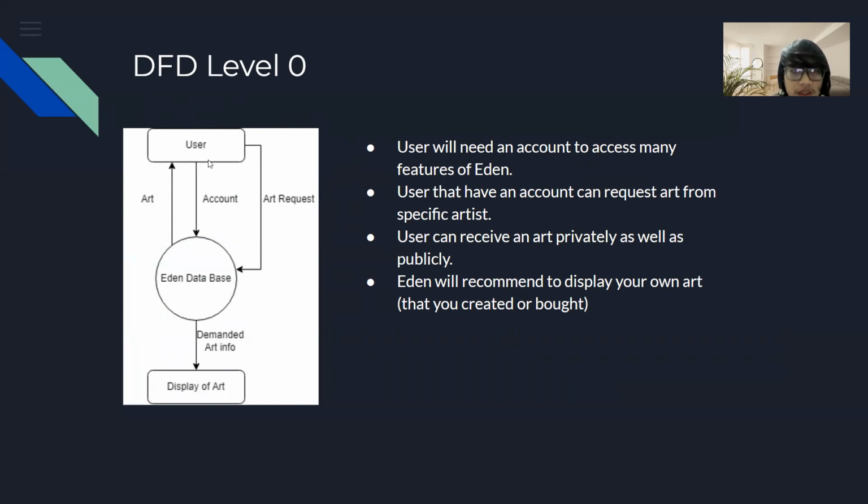So here, as you can see, the user will have an account to access the Eden database. Also, a user that has an account can request art from specific artists from the Eden database, so from artists that actually exist in the Eden database.